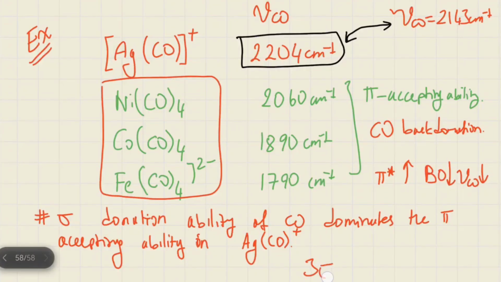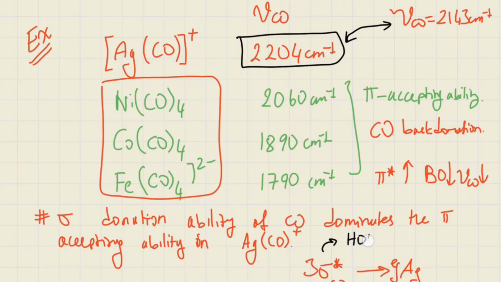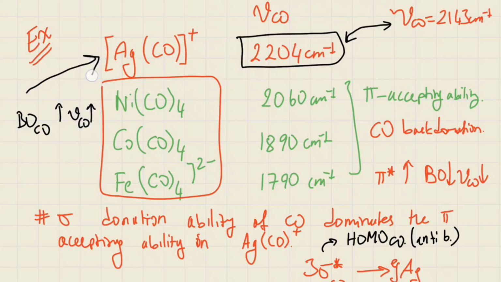So the 3 sigma star orbitals of the CO molecule go to the silver center. These are the HOMO orbitals, as you remember, the slightly anti-bonding HOMO orbitals of the CO. When anti-bonding orbitals go to the silver center, then the bond order of the CO increases, and increasing bond order increases the CO stretches for this sample.